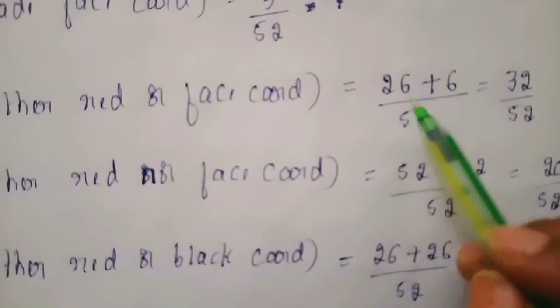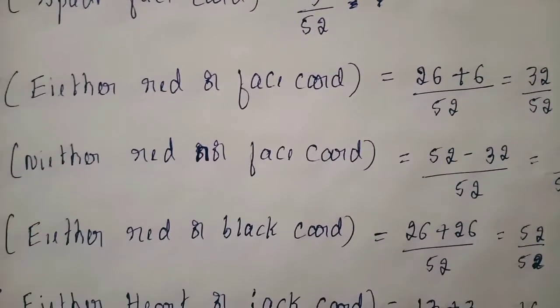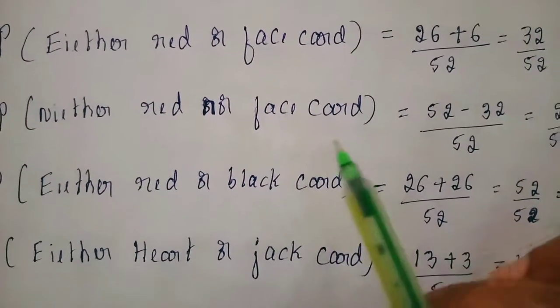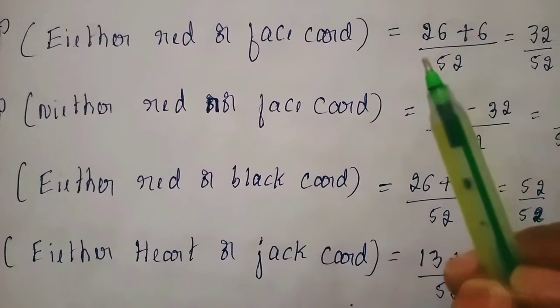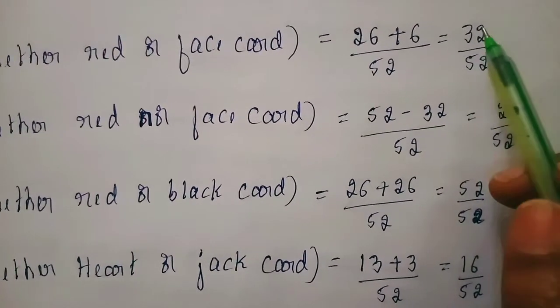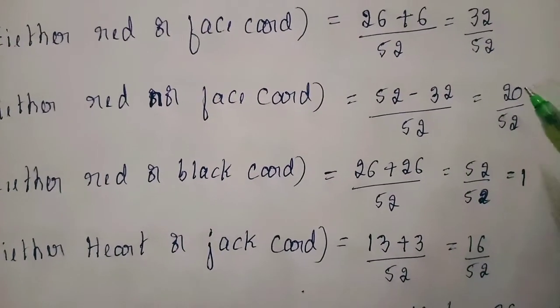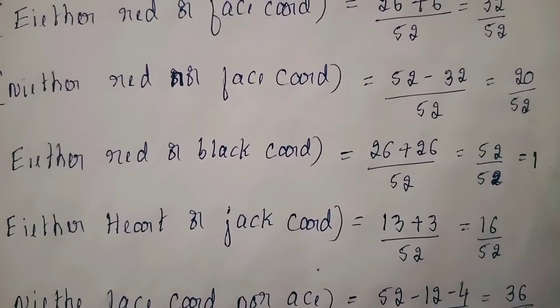That is 26 plus 6 is 32. 32 by 52. Next, neither red nor face card. Nothing but you have to remove from the total. 52 minus 32. Already we have taken here 32. 52 minus 32 divided by 52. That is 20 by 52.